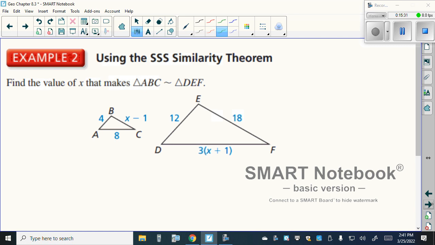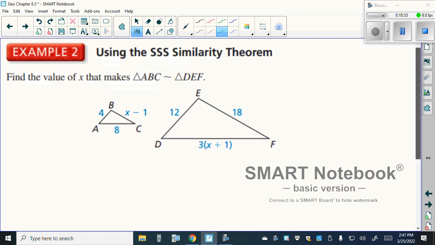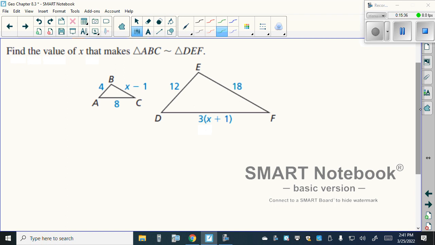Find the value of x that makes ABC similar to DEF. So again, for them to be similar, their proportions have to be the same, yes? Can we set three times x plus 1 equal? We could if they were congruent.